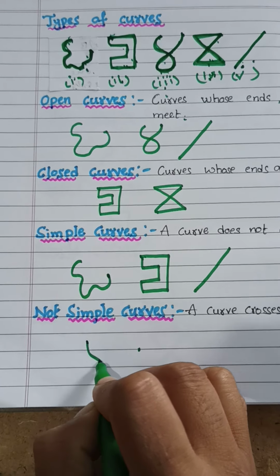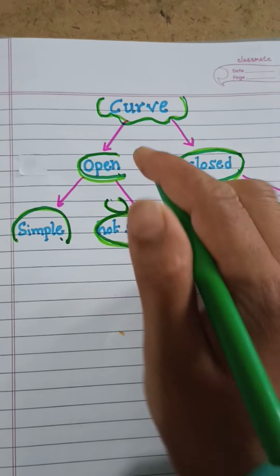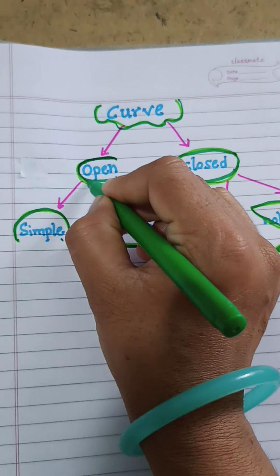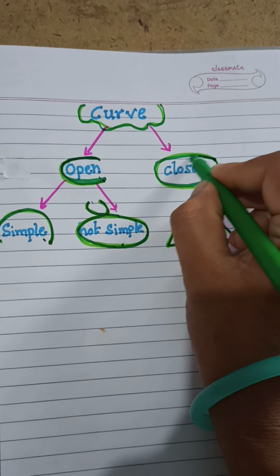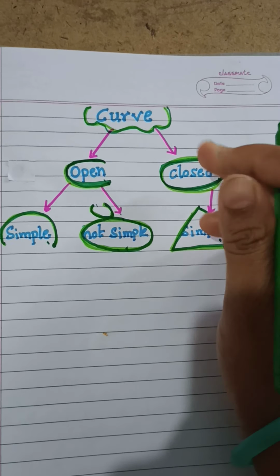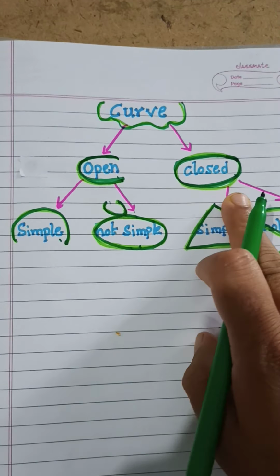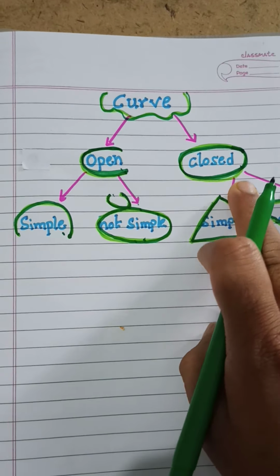See, in chart form, it is a curve. Curves are two types, open curve and closed curve. See, it is open, it is closed. In open, there are two types, simple open and not simple open.